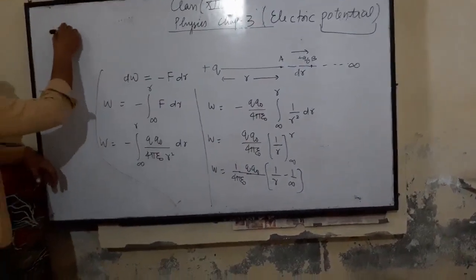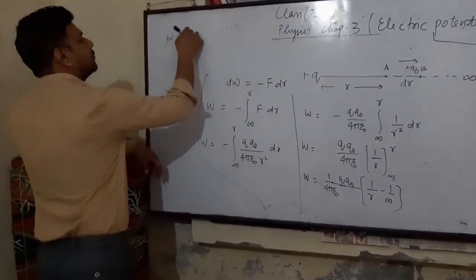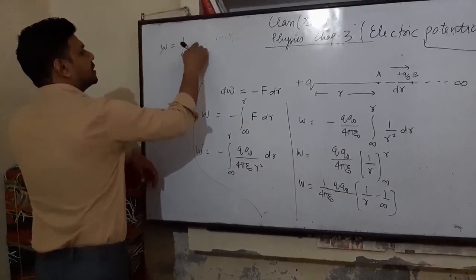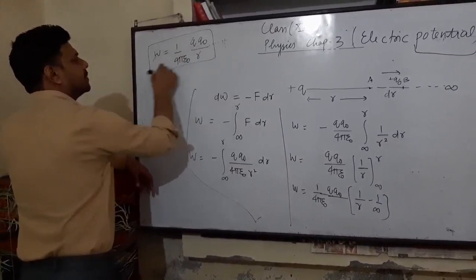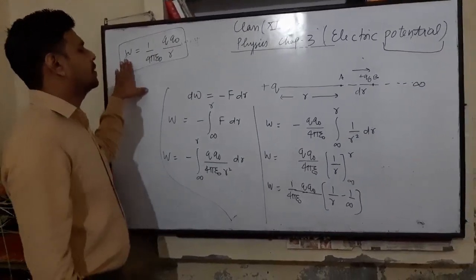So W is equal to 1 over 4 pi epsilon naught Q Q naught over r. This is the expression for work done.